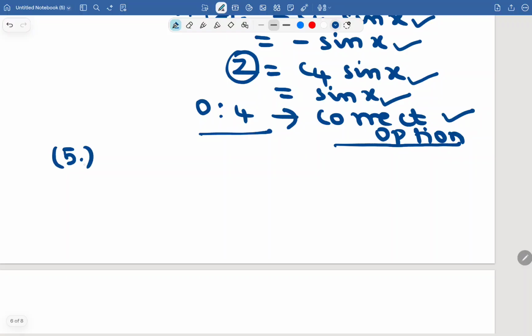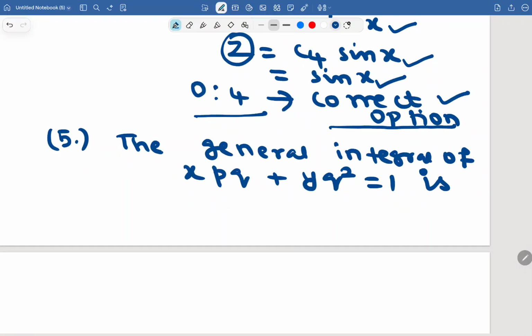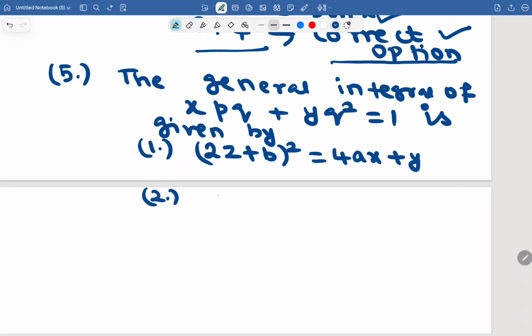Fifth problem. The general integral of xpq plus yq square equal to 1 is given by: option 2, 2z plus b whole square equal to 4 times ax plus y.